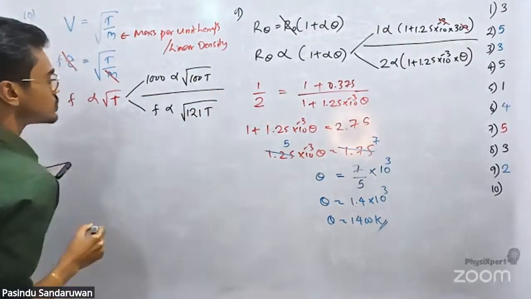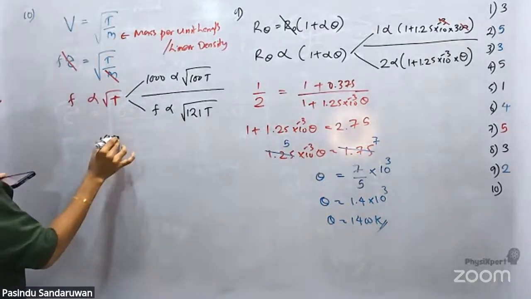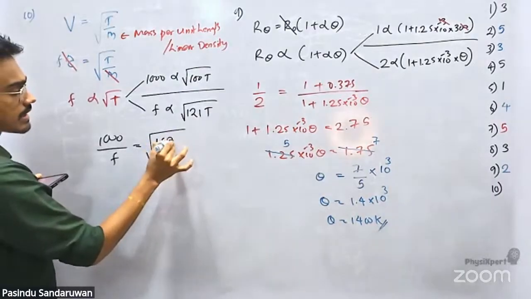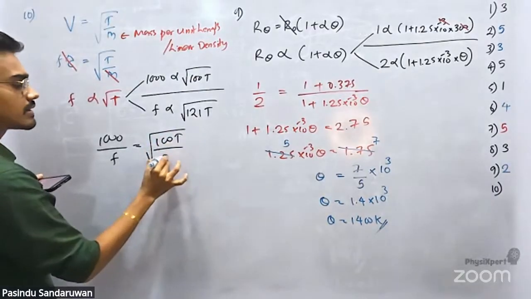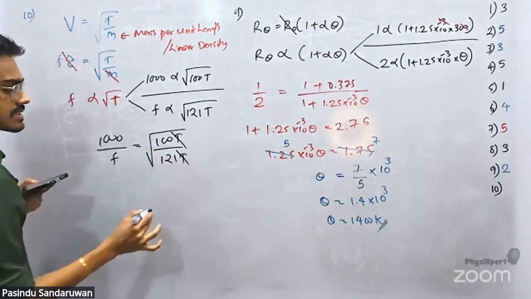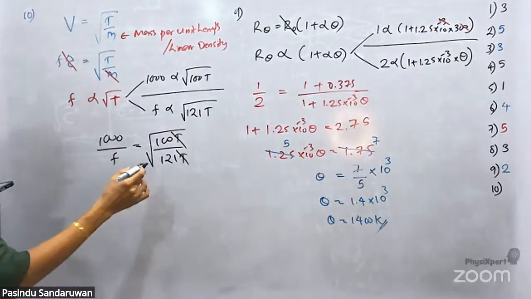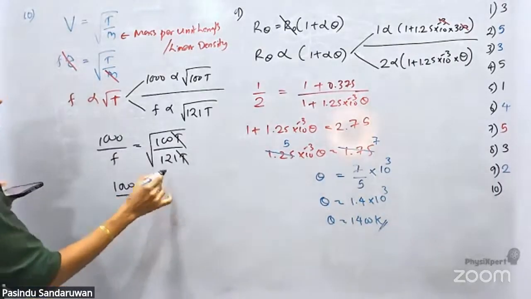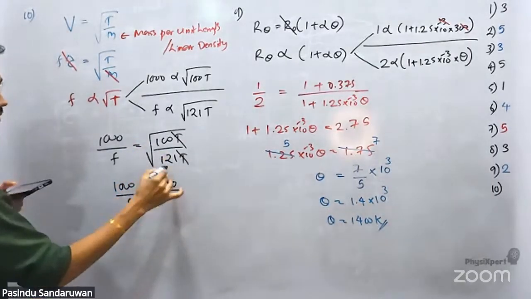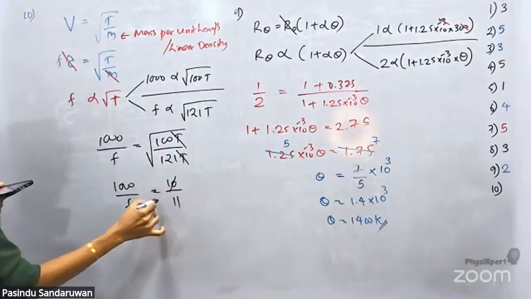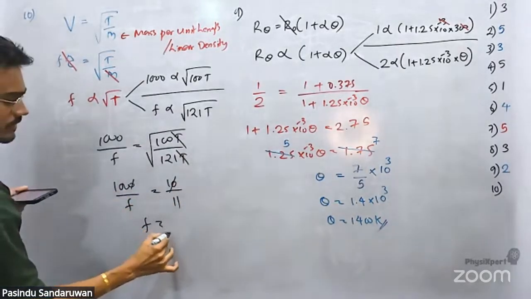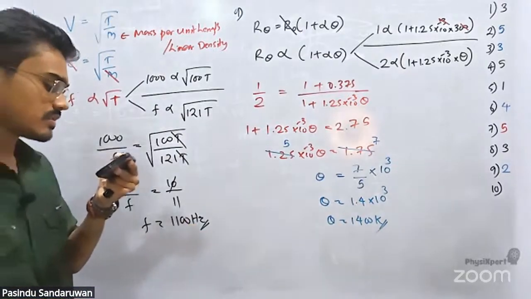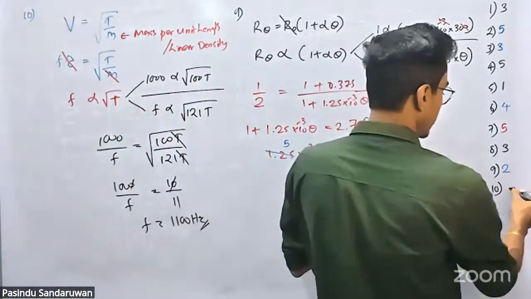Divide these two. 1000 over F equals root of 100 T over 121 T. T cancels. Root 100 is 10 and root 121 is 11. Cross multiply: F equals 1100 hertz. For question 10, answer 2.